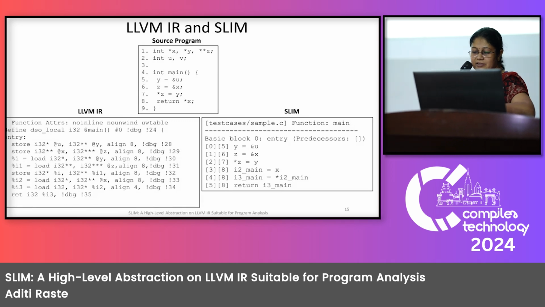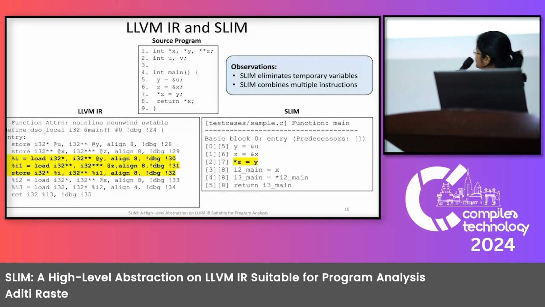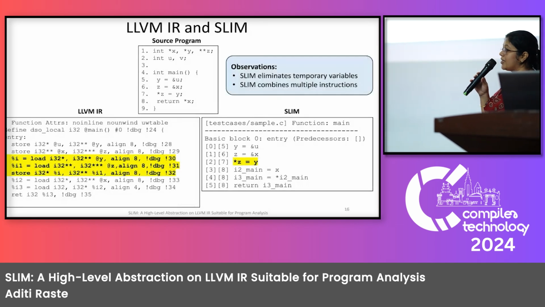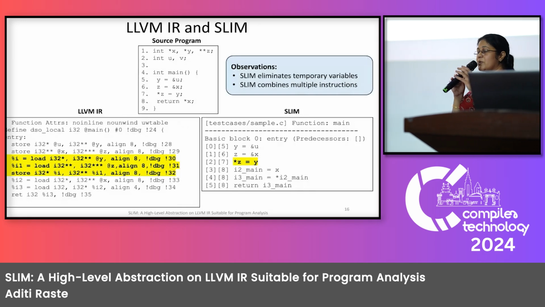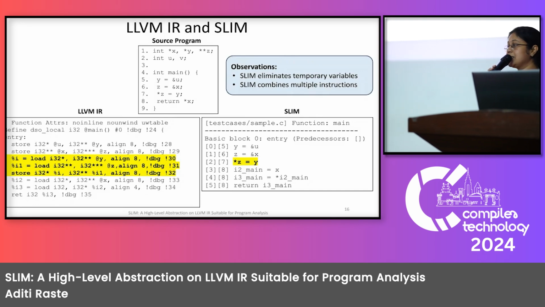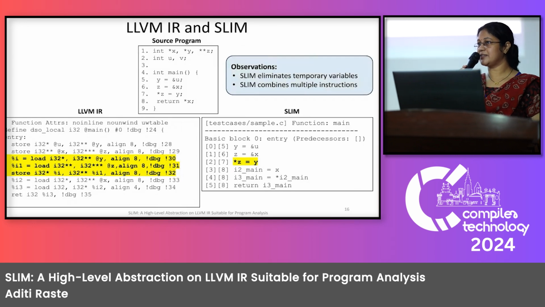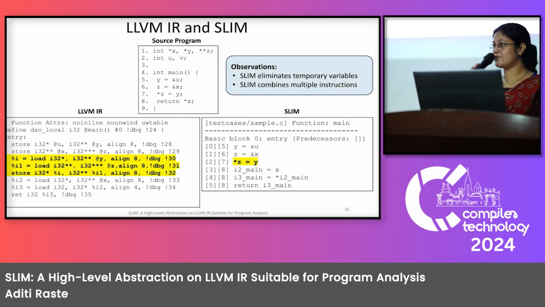Now, if we look at statement number 7 in the source program, star z equal to y, we can see that for this statement, LLVM IR is generating a sequence of instructions, and SLIM has only a single statement, star z equal to y. So we can see that SLIM eliminates temporary variables as far as possible, and SLIM also combines multiple instructions into a single instruction.